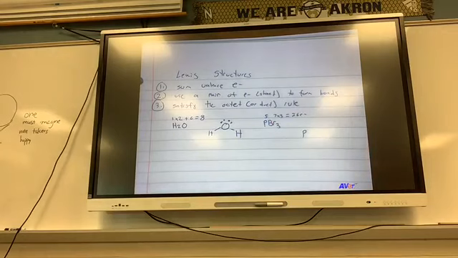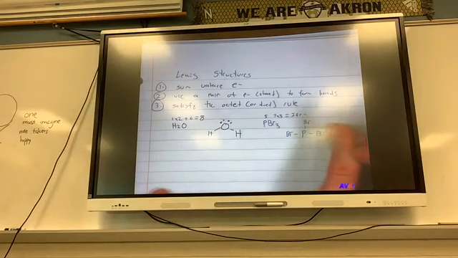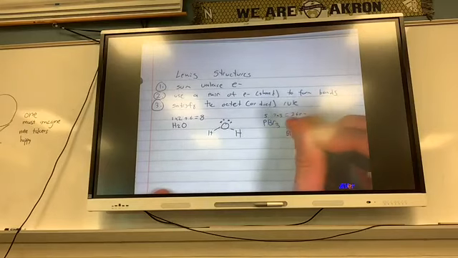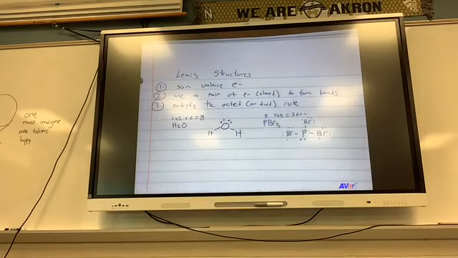Phosphorus wants electrons more than bromine because of less shielding, or just the individual one. Connect to bromine, connect to bromine, connect to bromine. 1, 2, 3, 4, 5, 6 on each. 8, 16, 24. I need 26. So that means that this phosphorus is going to get a lone pair. So that's PBr3.